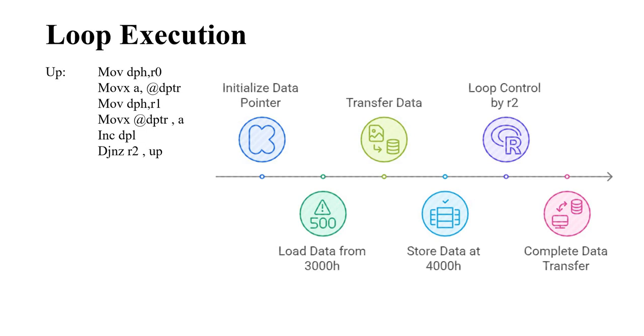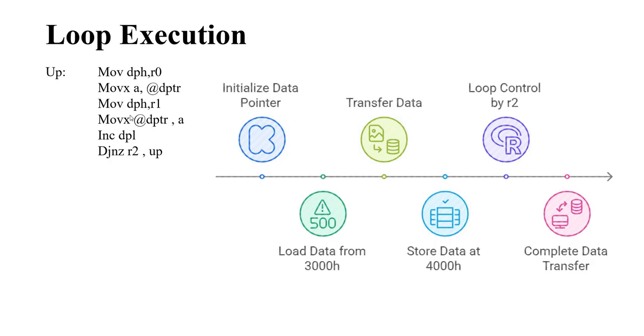Now this MOV DPH comma R1 will update the higher byte of the data pointer to the value in R1, setting the data pointer to the destination address 4000H.